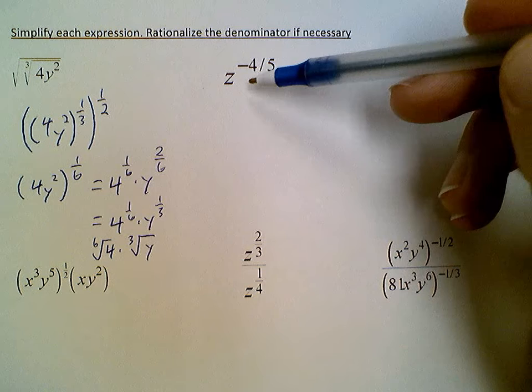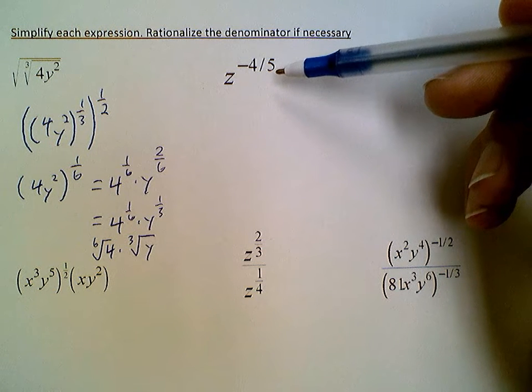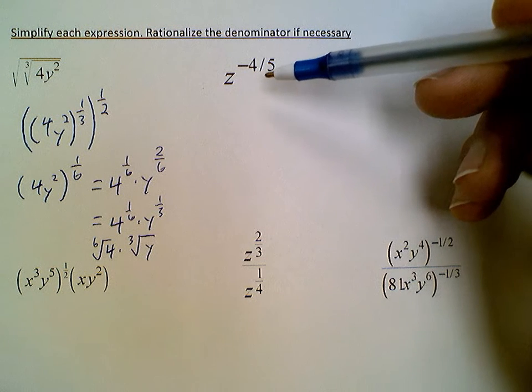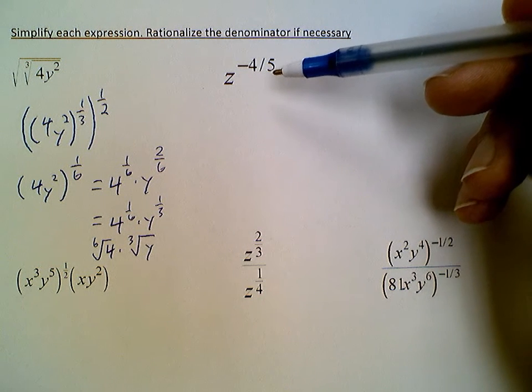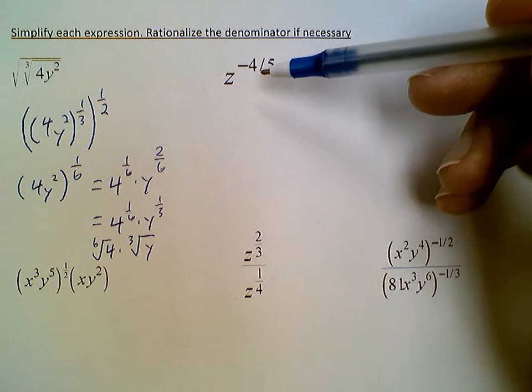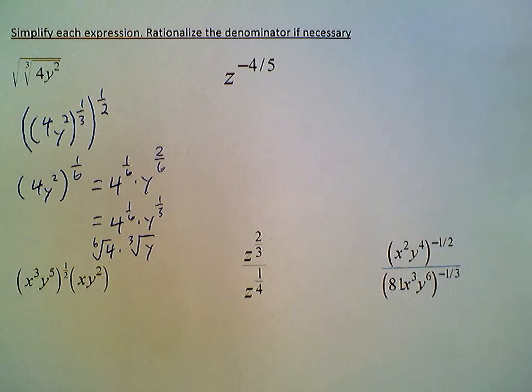All right. So this next one, I got z to the -4/5. Okay. So I'm going to put this into kind of radical form just to kind of show you what's going on here. So I've got the negative exponent. So that means it's going to go in the denominator.